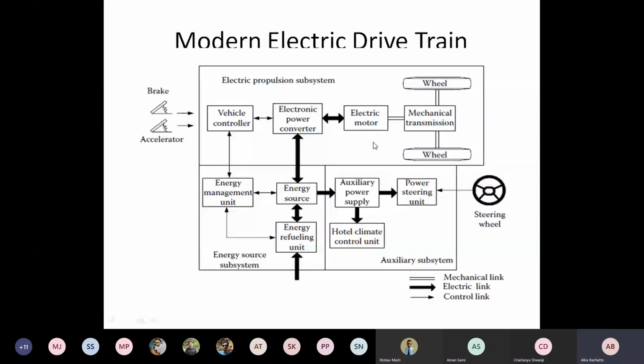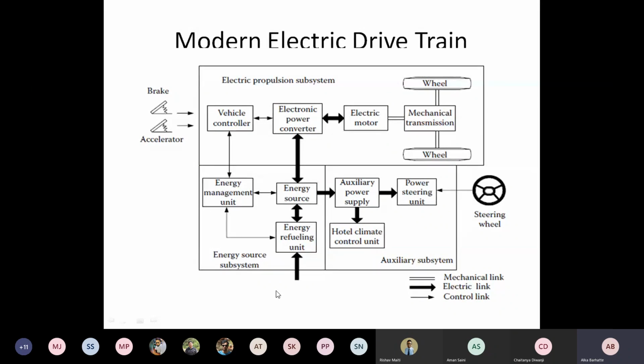In general, how modern electric vehicles work and what the flow is can be understood from this block diagram. Here the black arrows represent electric links, this represents the mechanical link, and these are the control signals generated to control the operation of the electric vehicle.